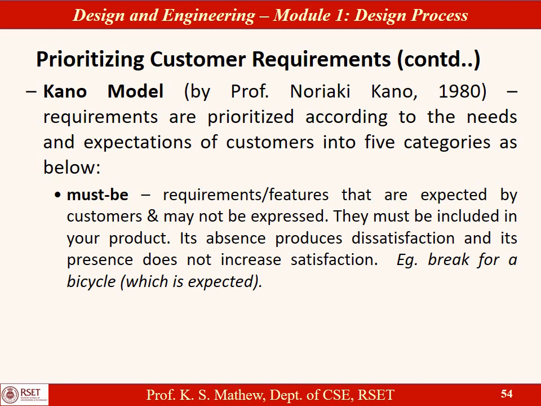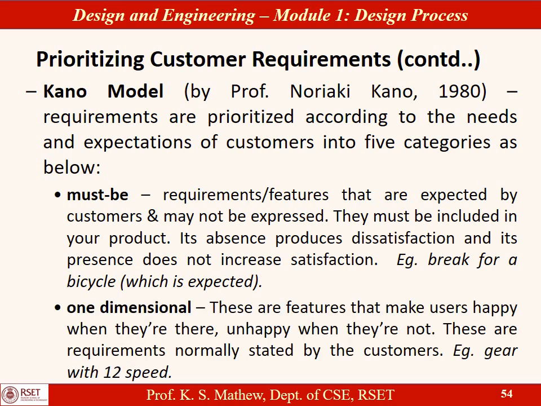They may not express this, but these are expected. So if the feature is not implemented, the customer will be unhappy, dissatisfied. But the presence will not increase the satisfaction level because these are expected. For example, brake for a bicycle, which is always expected.